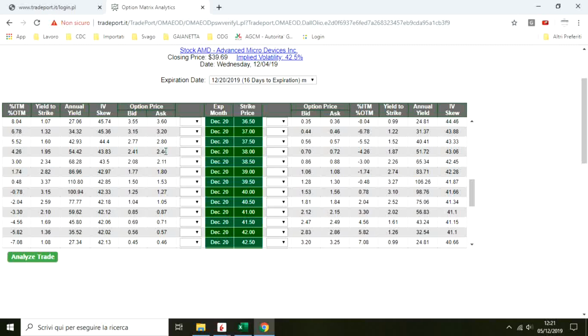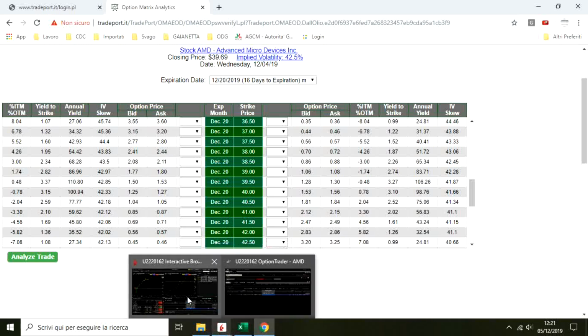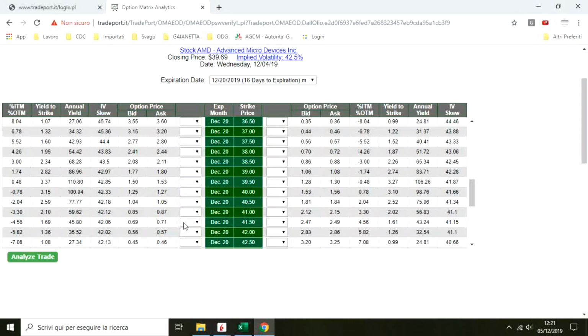So in that moment, you would be selling it. You purchase it for 2.44. You would be selling to get out, to take the stop loss. So you would be selling it for more or less 1.04. So you would lose $140. But if you're right about your expectations and the price at maturity reaches at least $42, which means that with the call 42, you would lose all the money paid to purchase the option, with the call 38, your break-even would be 40.44.